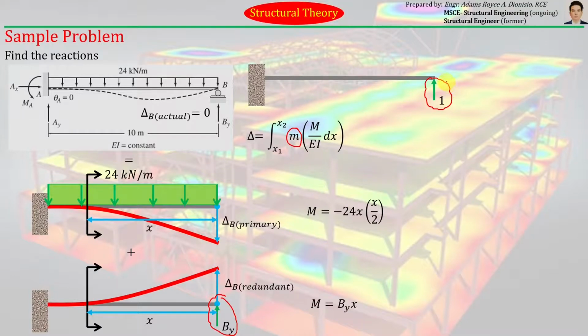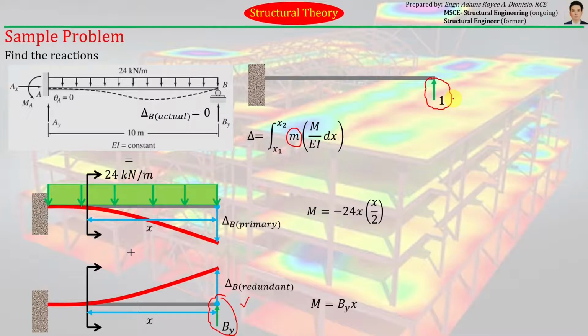That will be the way we use in this and any other computation. But again, you can actually use the other way around. For this particular sample problem, for easiness of computation, we'll orient the unit load in the same direction as the redundant. Since the redundant is directed upward, we will direct the unit load upward as well.